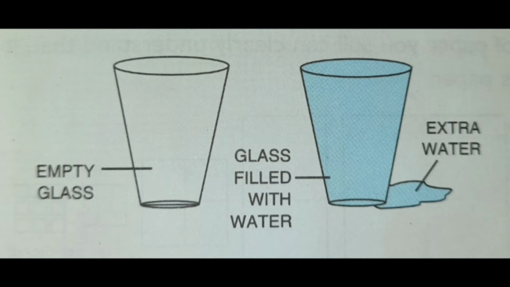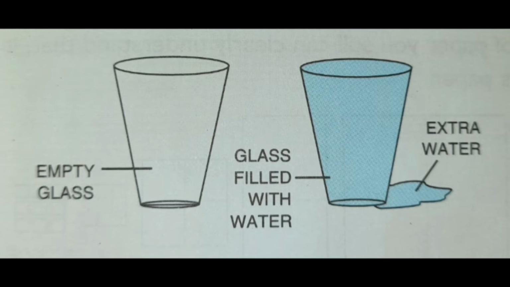Just check the second one, the extra water is actually outside of the glass because it is already full, there is no space. This is mainly because the water poured earlier has already occupied the space in the glass tumbler. So there is no more space to hold water in the glass.